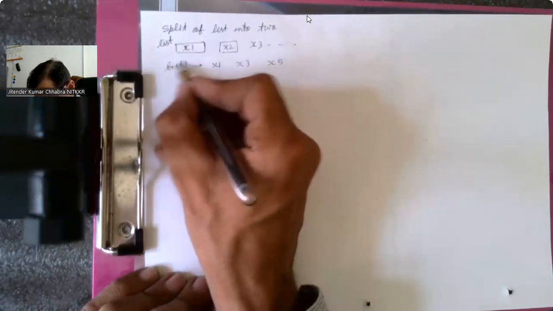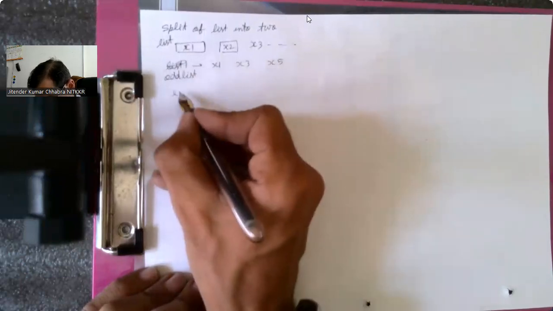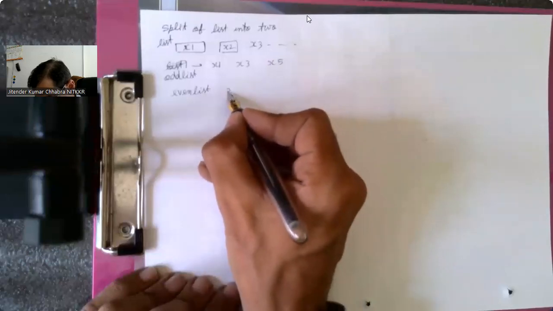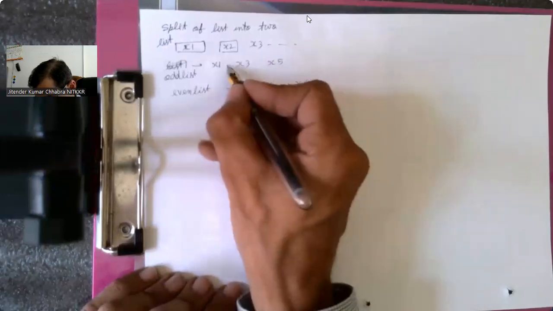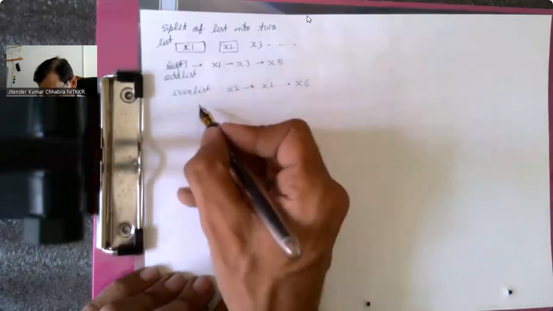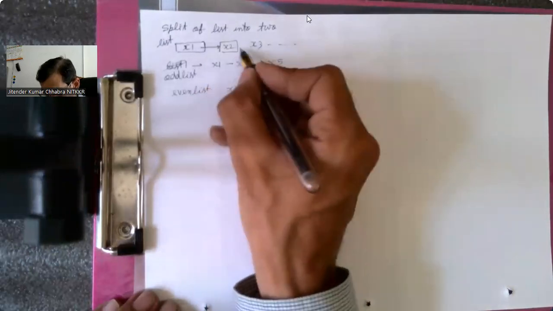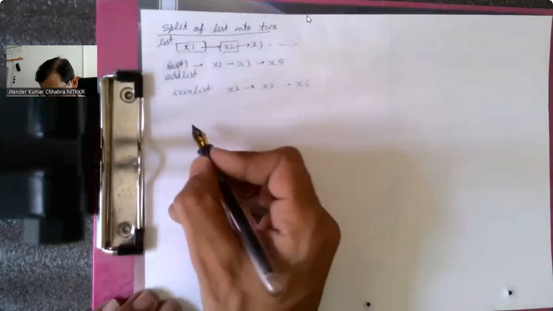So I say odd list, odd positioned list. And similarly, I want an even list. That means x2 followed by x4 followed by x6 and so on. But no extra nodes to be created. These nodes are to be linked in the proper way. So split a list into two.